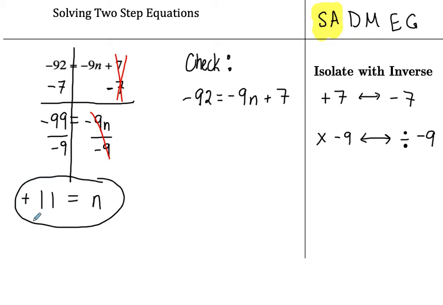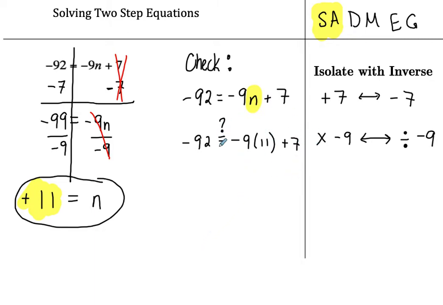And now I'm going to take my answer that I got, my positive 11, and I'm going to plug it in for my unknown. Remember to use parentheses because we're multiplying. So I'm going to say negative 92, maybe, I'm wondering whether it is, equal to negative 9 times 11 plus 7.